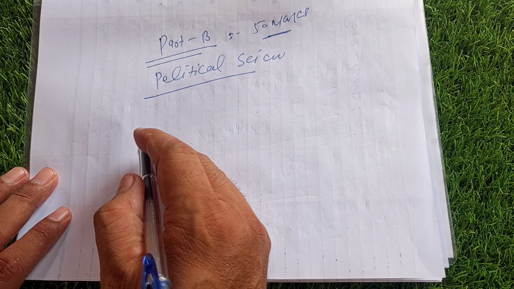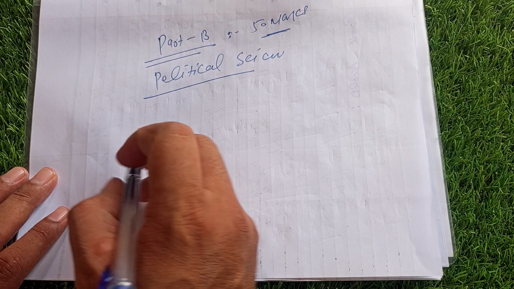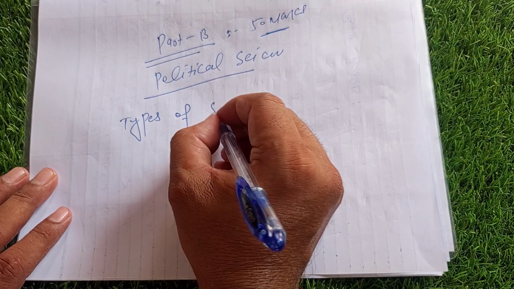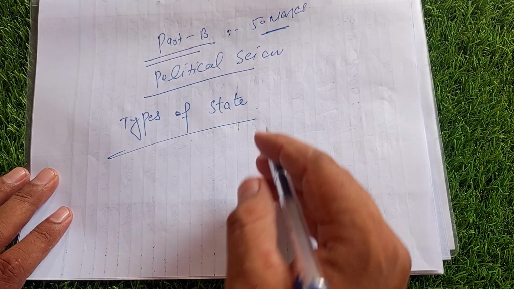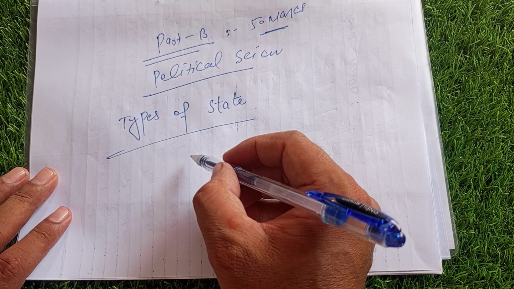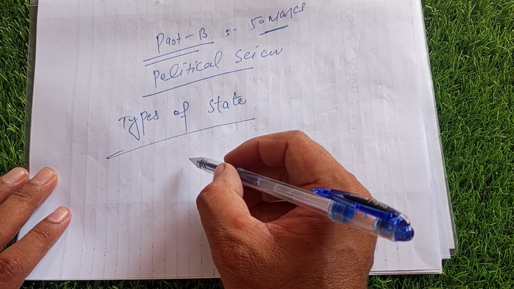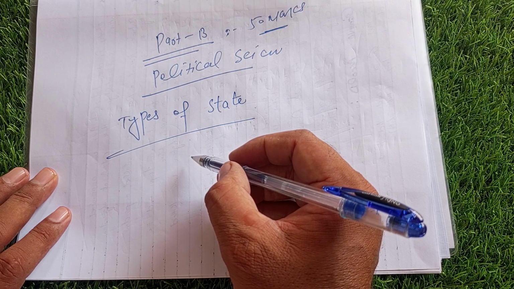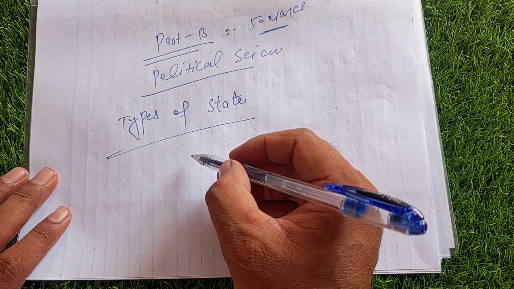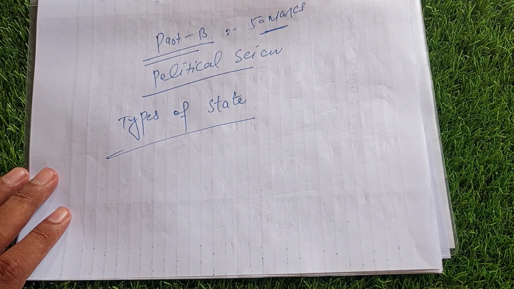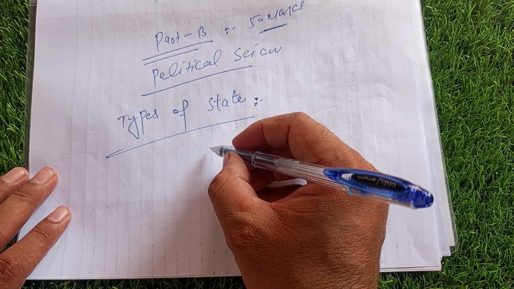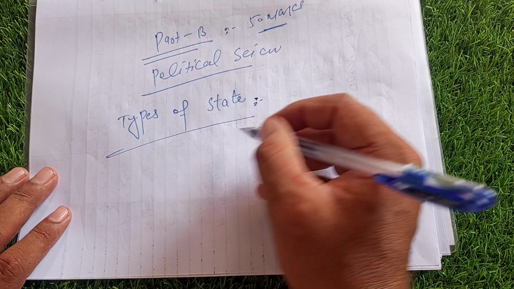In these 50 marks, you have to study many basic concepts of state, like types of states, like all the concepts which are linked with state, as we have discussed: federation, confederation, parliamentary system, presidential system, the working of judiciary, legislature, executive, formation of executive, all the general terms which are linked with state.